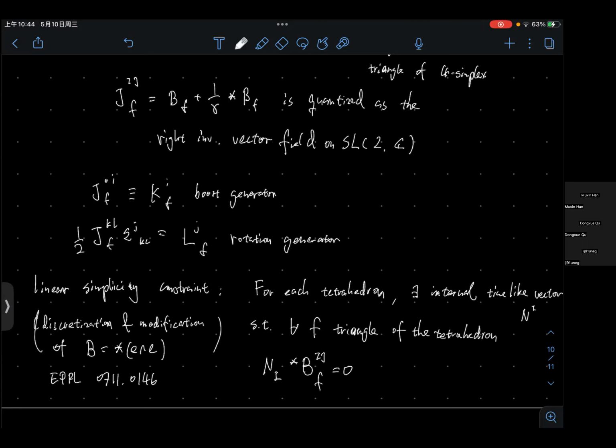This holds for any of the four faces of a tetrahedron. Geometrically, this is pretty intuitive. Consider a geometrical tetrahedron, and imagine the B field or the star B field are just the area bivector, the oriented area of all the faces. Because B_ij is a bivector, intuitively they are just E wedge E, and E wedge E gives you the oriented area of the face.